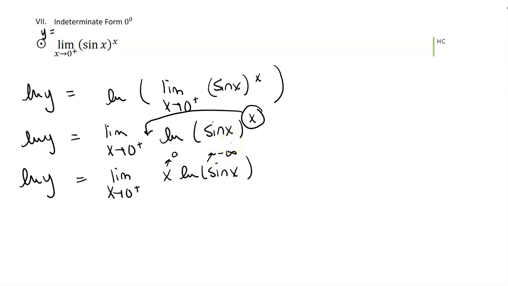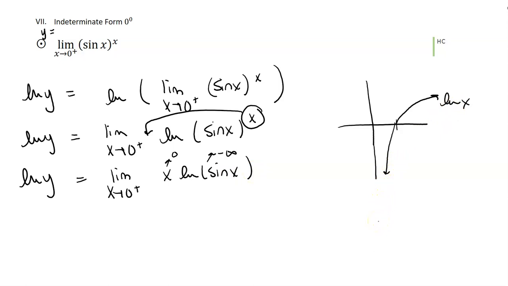One thing you have to keep in mind, there's kind of a nested thing here, but the graph of natural log of x looks like this. This is natural log of x. And as x approaches 0, sine of x is approaching 0. So the natural log of sine of x is approaching negative infinity.